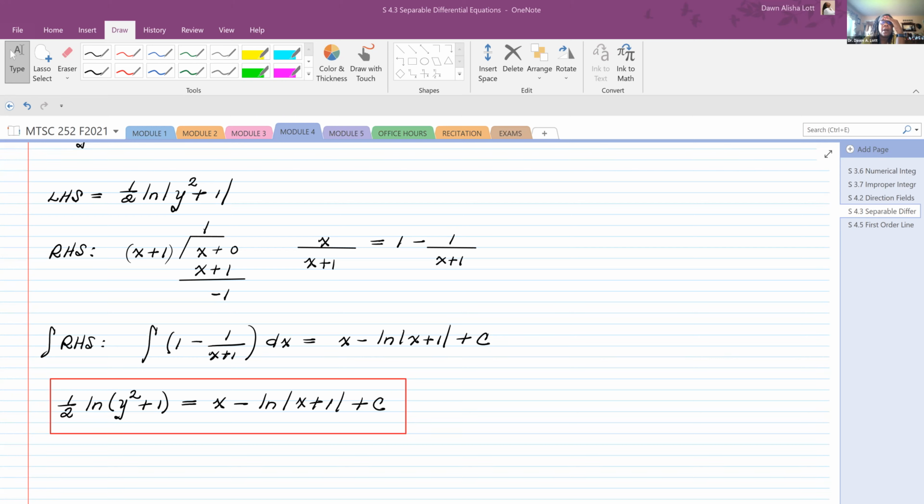So here's a problem that's an application. It's called Newton's law of cooling.